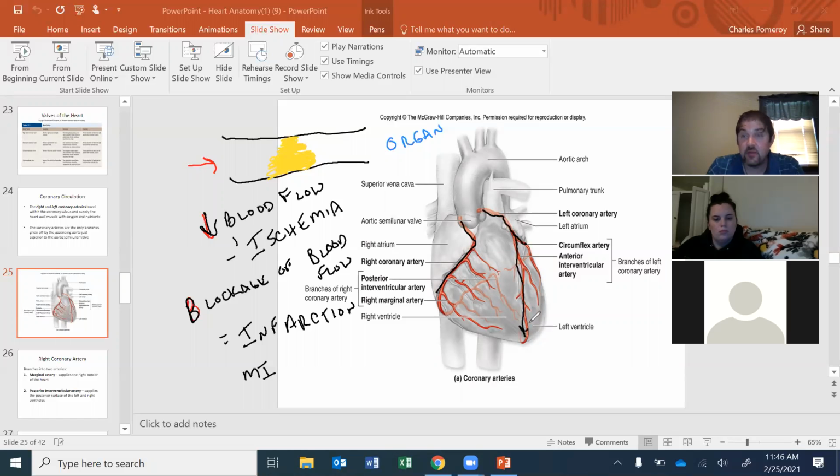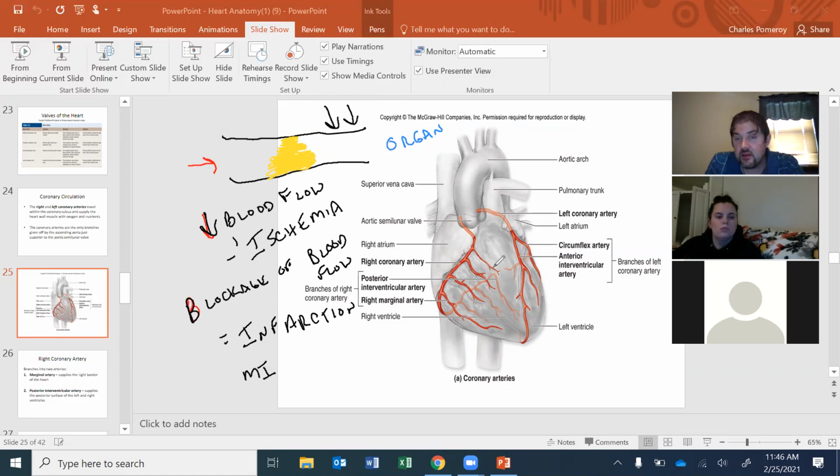If you get a blockage in any one of those, that can be bad news. All right. Because if you think about it, let me erase that for a second. If you have a blockage, whatever body parts are distal to the blockage, after the blockage, okay, they're going to lose their blood supply. All right.